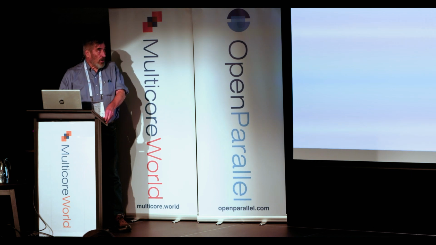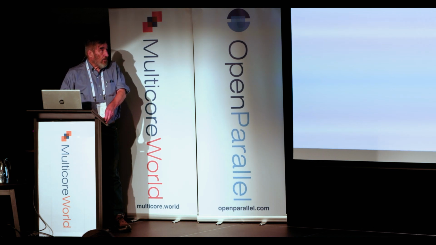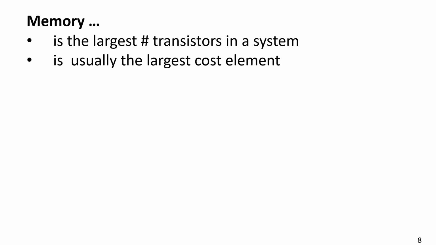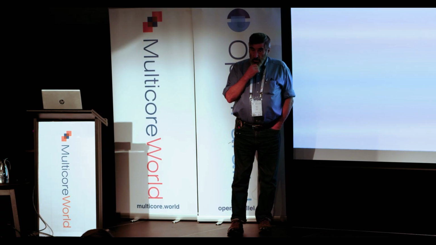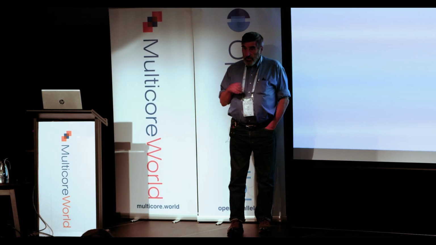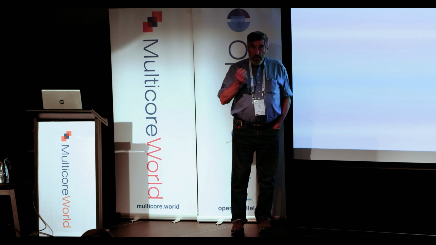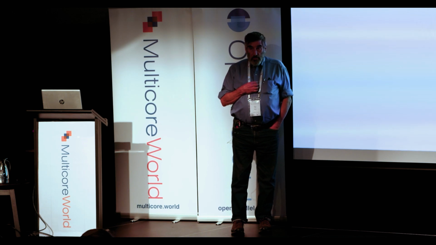Well, why do you want to go to memory? It's the largest number of transistors in any system. It's usually the largest cost element. That may not be true if you're an individual buyer, but if you're one of the big data centers, that's where you spend most of your money.